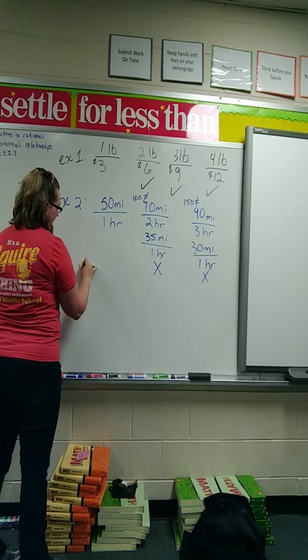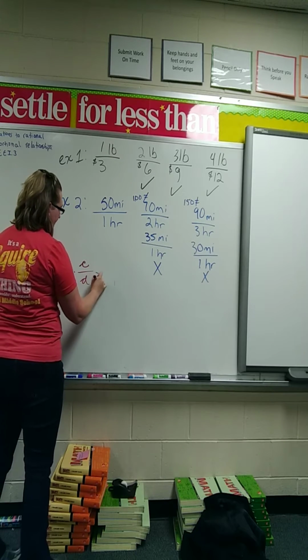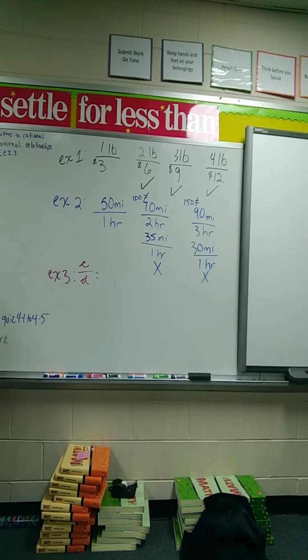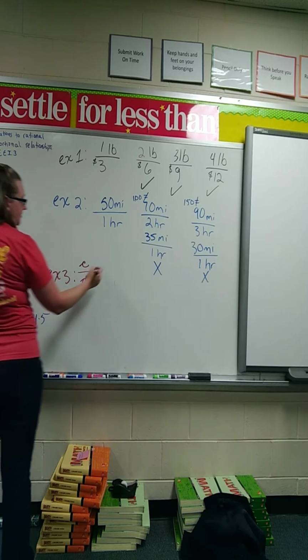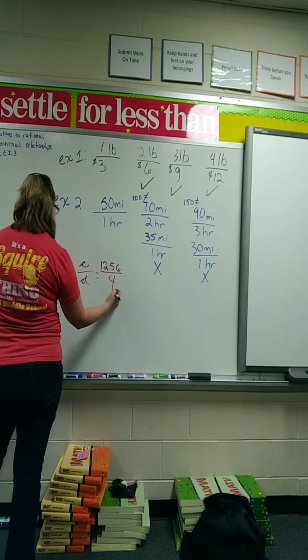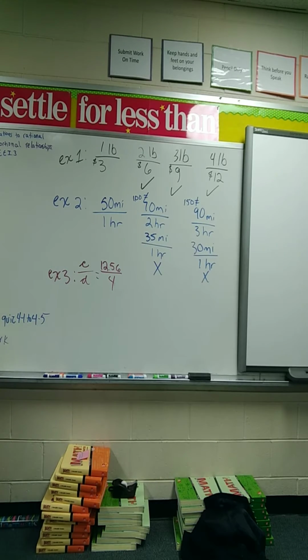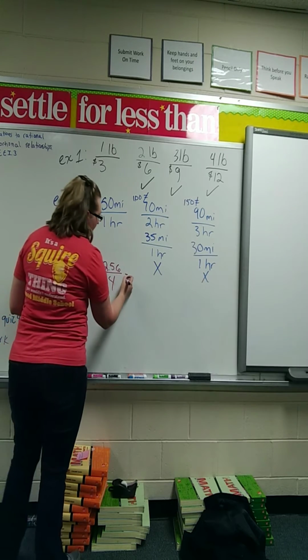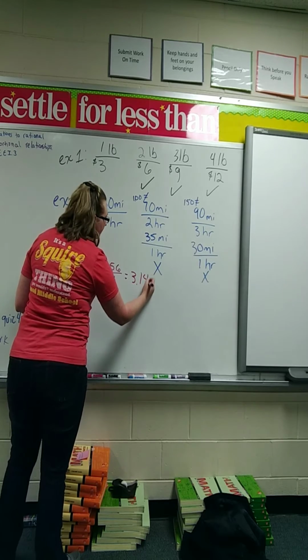Alright, so we're going to use variable C over variable D. The circumference of the circle we're given is 12.56, and the diameter is 4. Okay? What we need to do here is find the unit rate. We need to find that constant of proportionality, which says that we're going to divide. And when we divide those, we get 3.14.